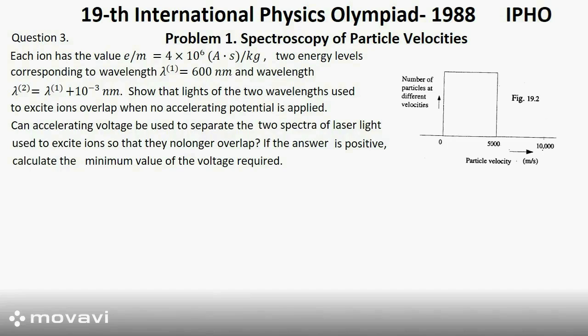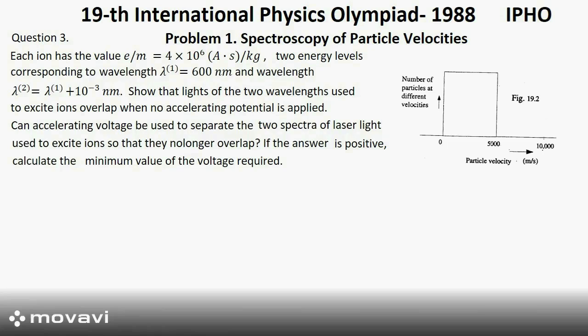The subscript following lambda or nu can be either 1 or 2, with number 1 corresponding to the lowest velocity of the ion, and number 2 to the highest velocity of the ion. When no accelerating voltage is applied, the subscript 1 implies that the minimum velocity of the ion is 0, and the highest velocity of the ion is 6,000 meters per second.